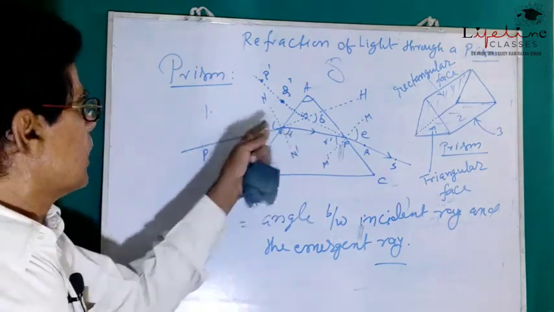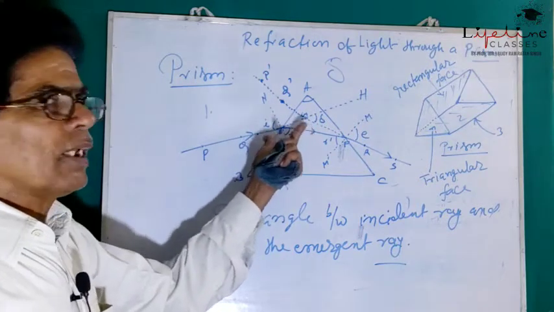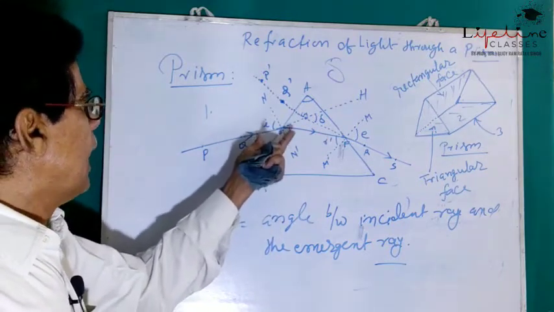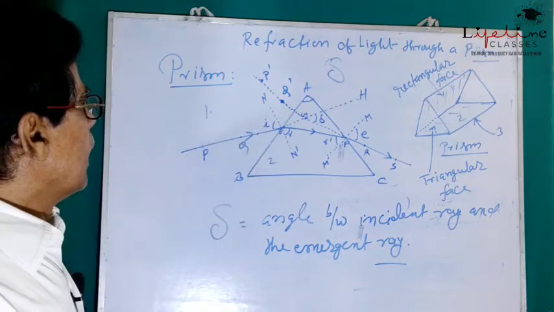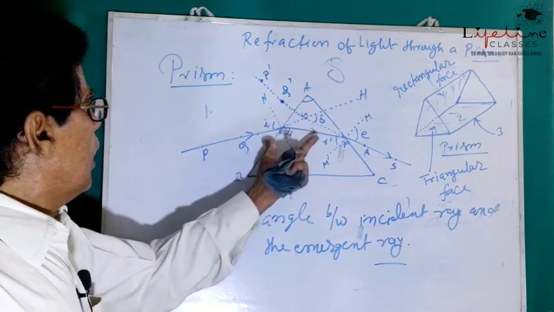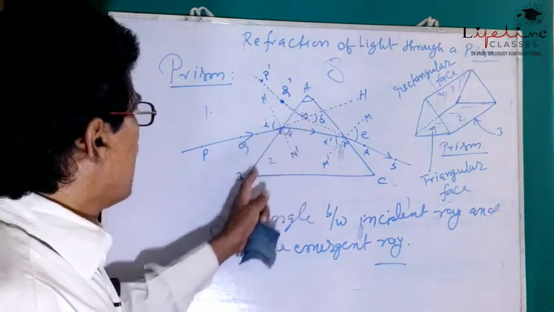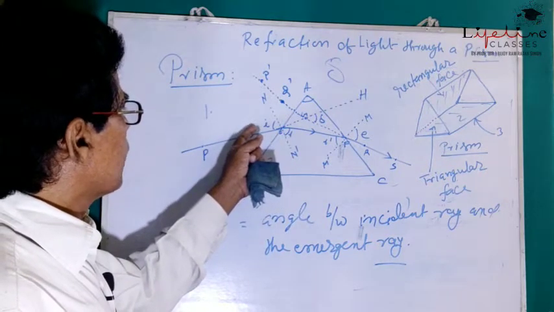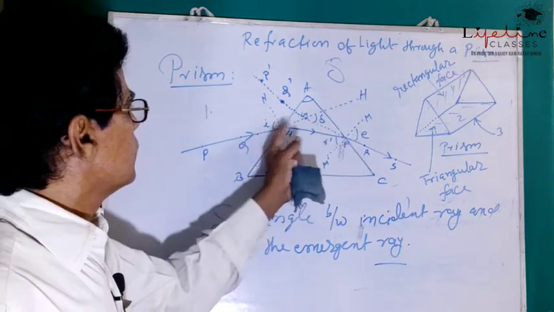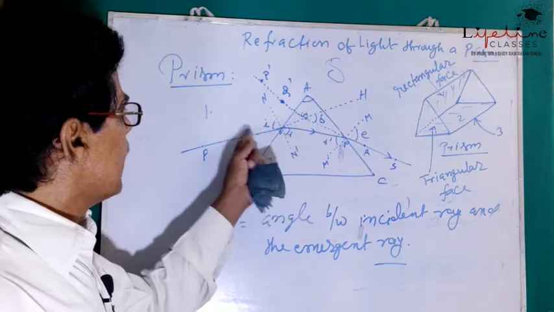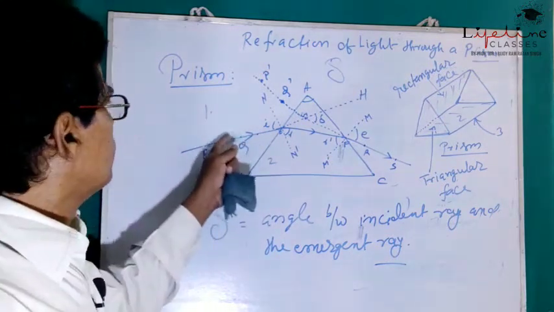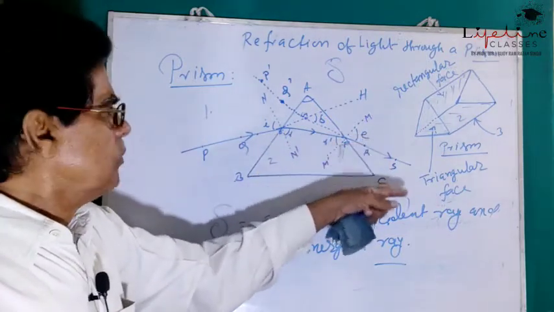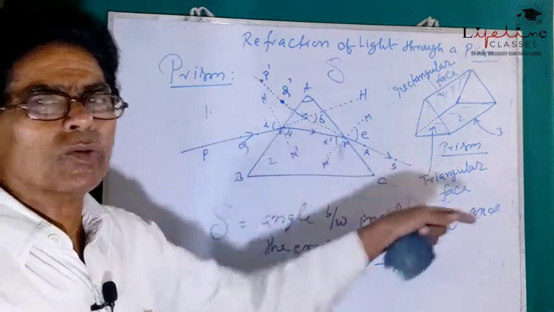Geometrically it is observed that if the two faces are of similar smoothness and the angle of prism is the same as the basal angle, meaning all the angles are equal, then the angle of incidence is equal to the angle of emergence, provided that the light rays coming from medium 1 also enter the same medium 1 after passing through the prism, that is air to glass and glass to air.